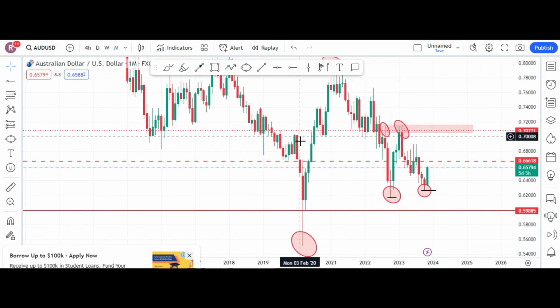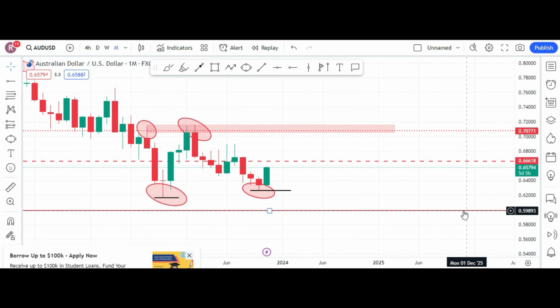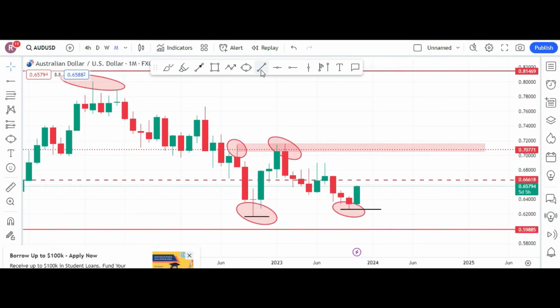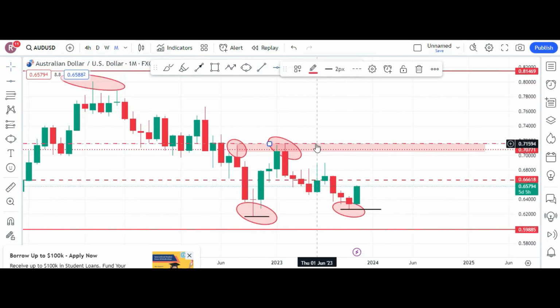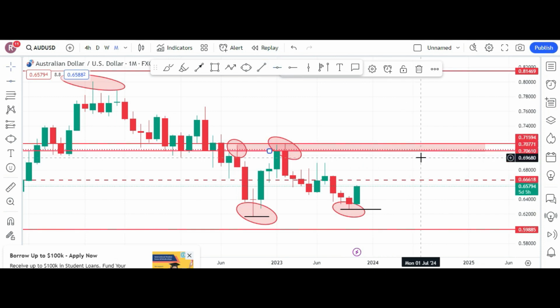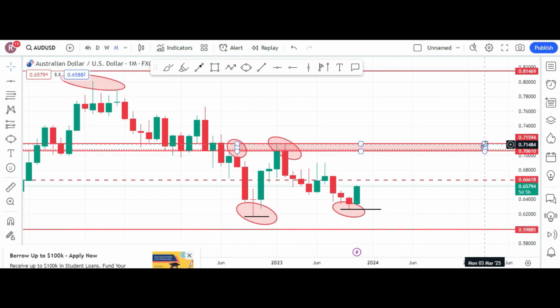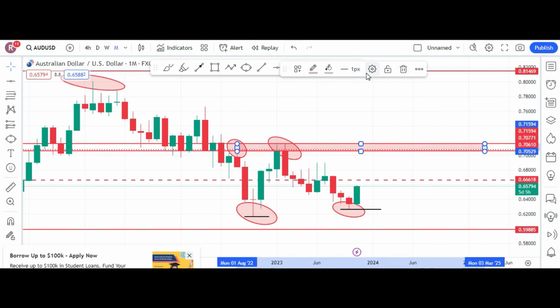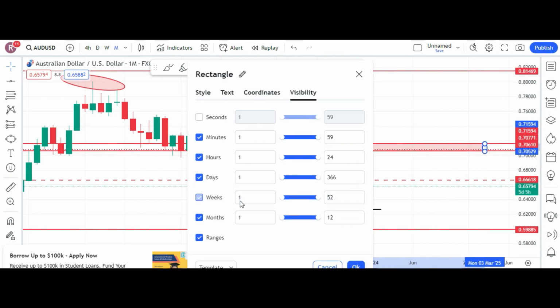Let us bring it back here properly so we can visualize everything that is going on. Mark the double top in monthly, and its range. There is no range as such, it is the price zone we have here, and we should also mark it so we can see it in the weekly time frame.